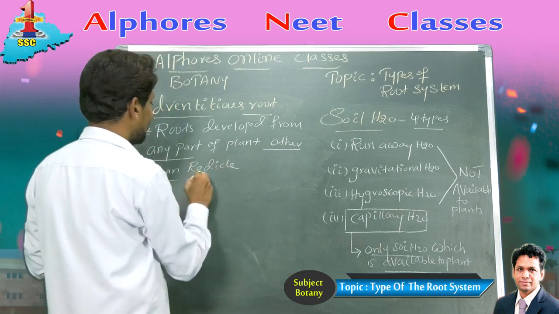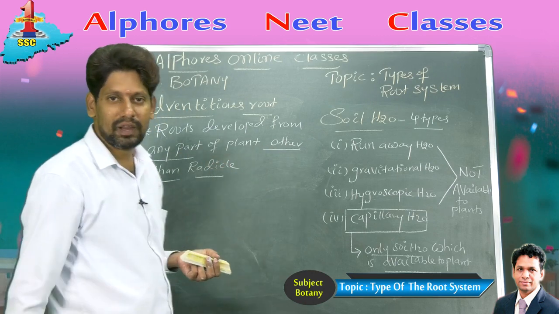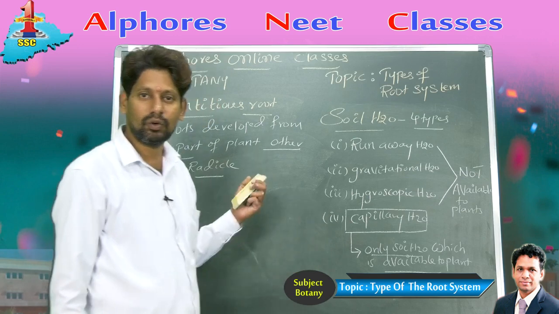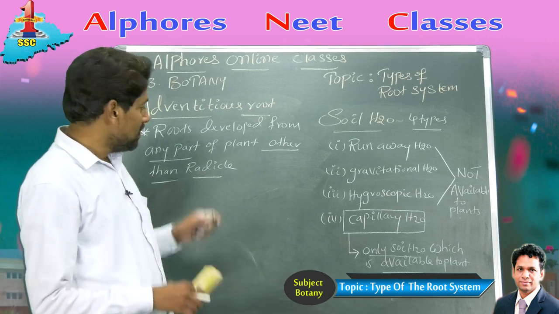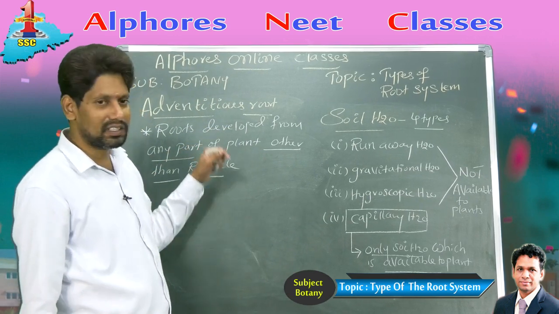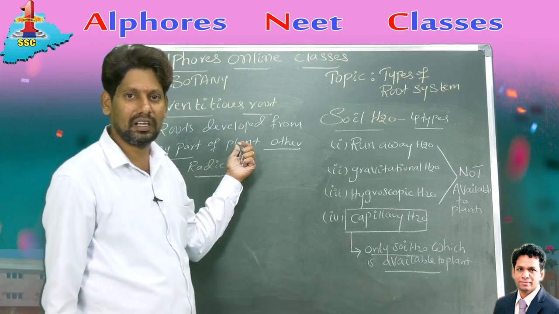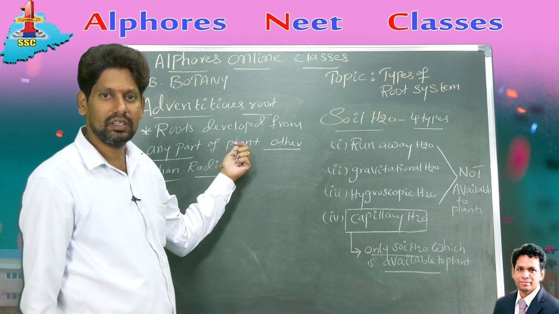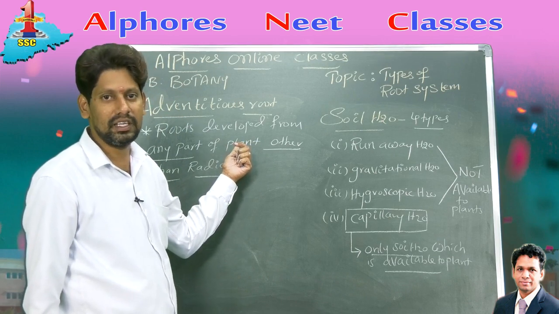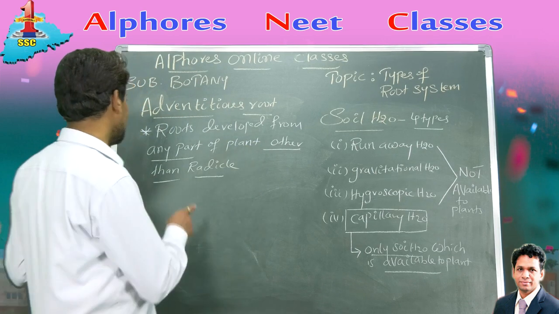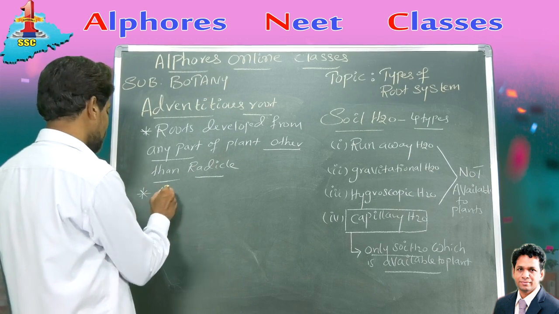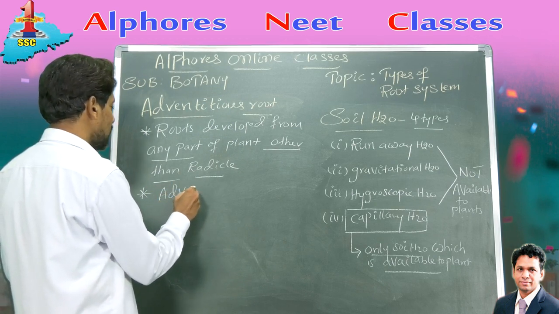Therefore, other than the radicle, from any part of a plant, if roots are developed, we call those roots adventitious roots. What does it mean, any part of a plant? They are developed from the nodes, internodes of the stem and from the leaves. Which roots? Adventitious roots.